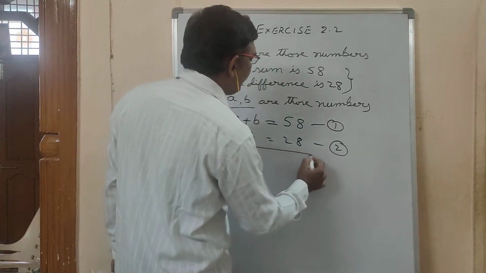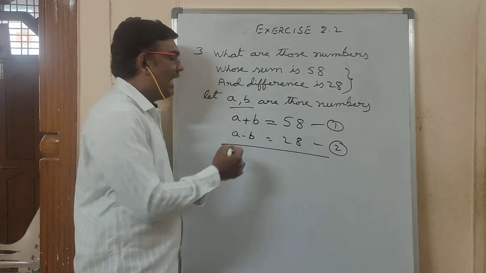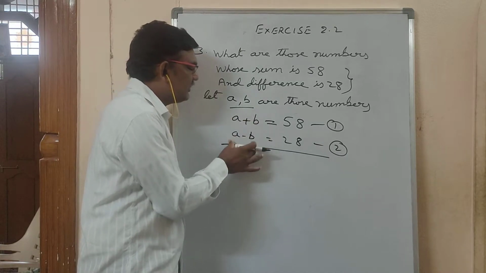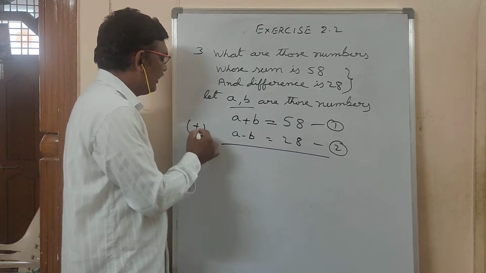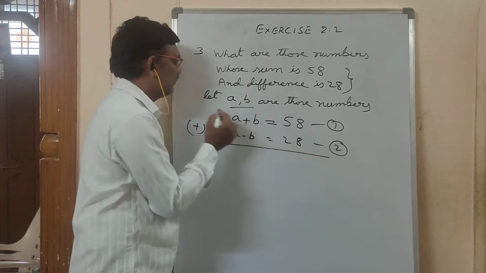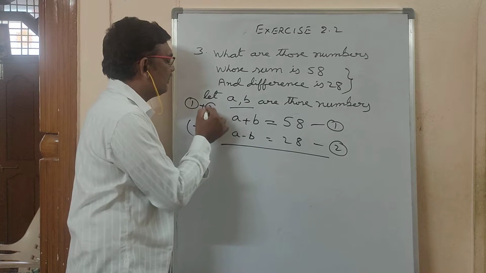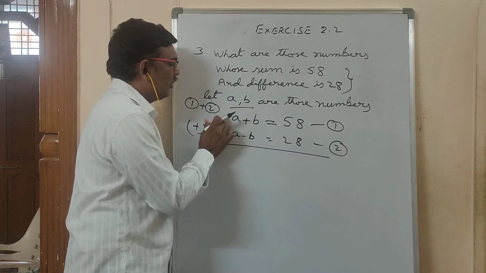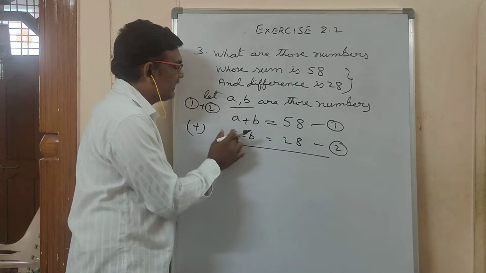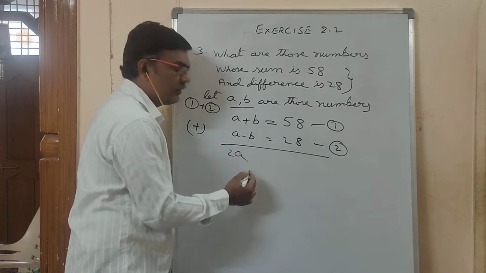These two equations, if you are adding them, LHS you have to add, RHS you have to add. So what I am doing here? Addition, equation 1 plus equation 2. Now here plus A is there, here plus A. No symbol means plus. Plus A plus A, how much is it? 2A.